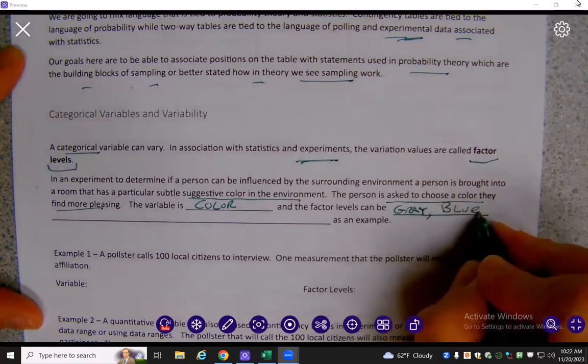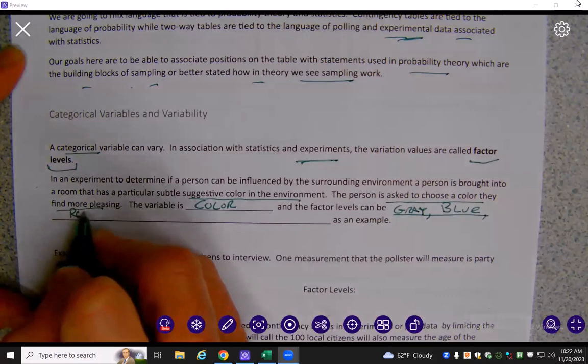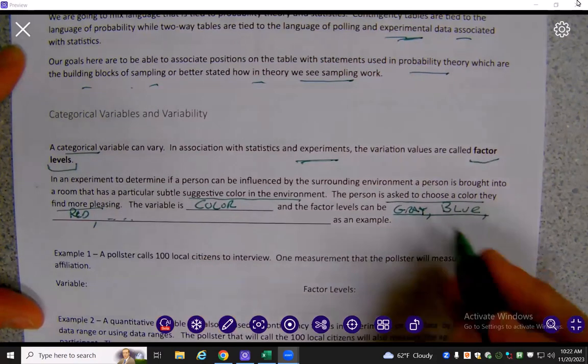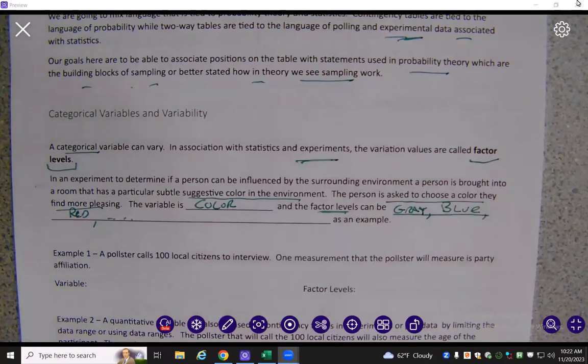One more for fun. Yeah, red, things like that, and so on. All of a sudden these are factor levels. The variable is color, but the factor level is how we're varying it. Maybe they only have a few colors that are going to be okay if we suggest something. So that's what that would be.